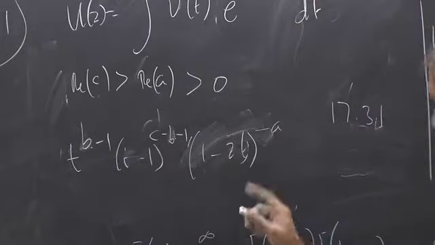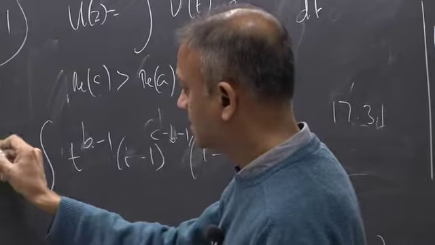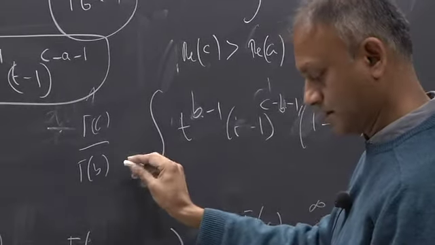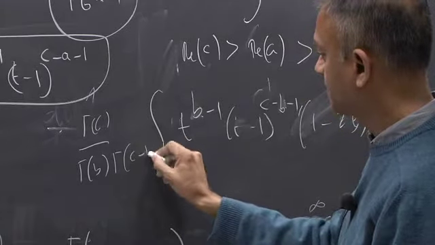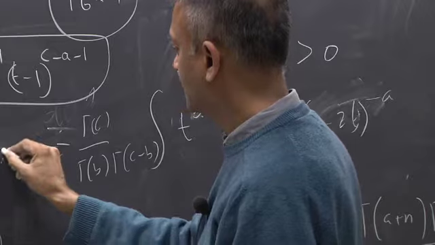So this was the integral together with gamma c over gamma b times gamma c minus b. Okay, this was the F A B C z.